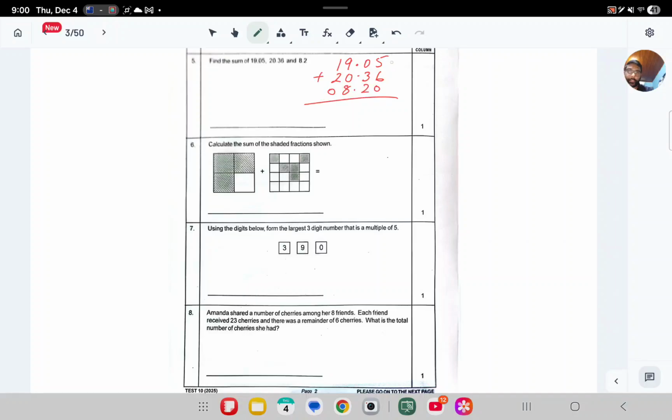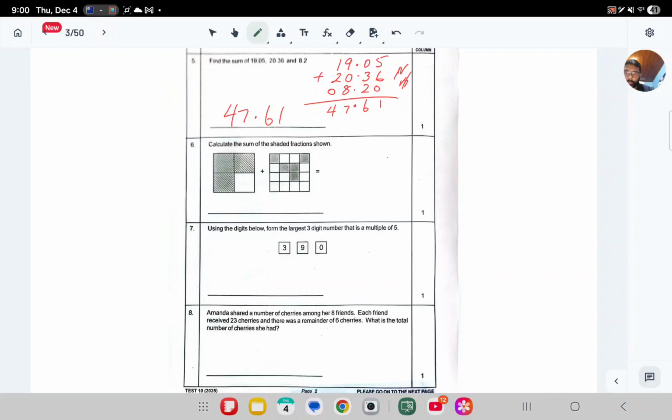We do normal addition, so we start from the right hand side. 5 add 6 is 11, 3 add 2 is 5, add 1 is 6, bring up the point, you put back the point. 9 add 8 is 17, 2 add 1 is 3, add 1 is 4. So we got 47.61.